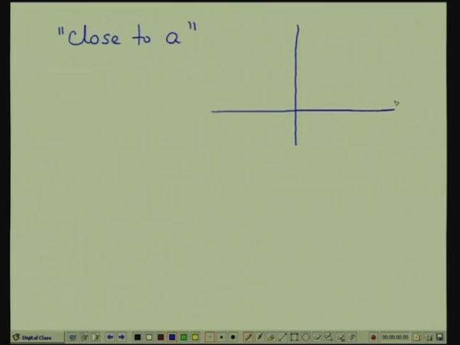For example, if I ask you to represent a fuzzy set, close to A, the curve will be something like this, right, where this number is A and any number which is close in this zone, they will have high membership values.